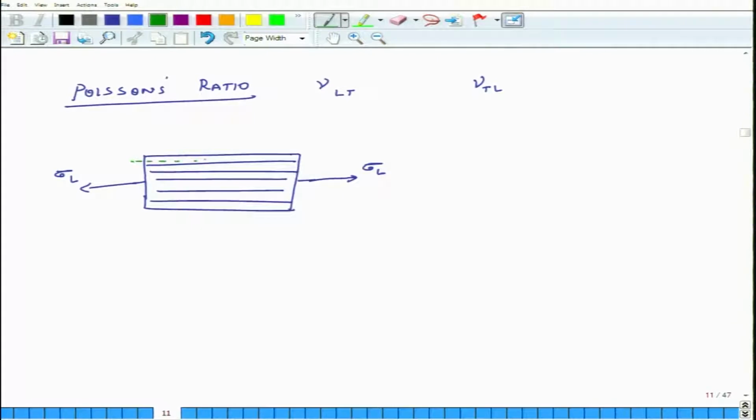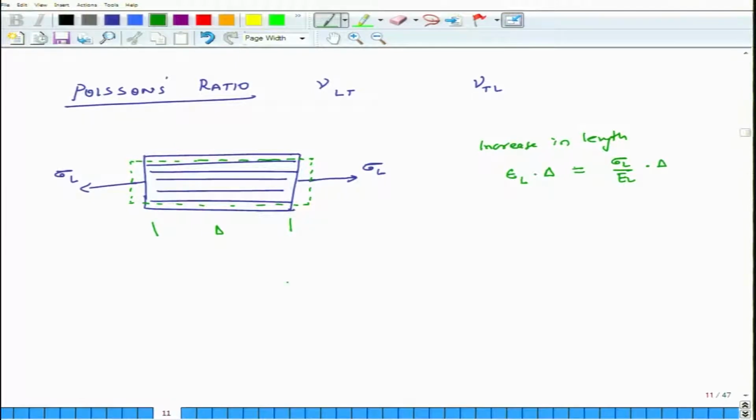It will become a little longer and it will become a little thinner. The increase in length I can compute by epsilon L times the total length, and epsilon L is nothing but sigma L over EL.